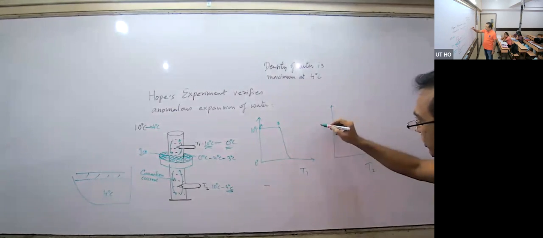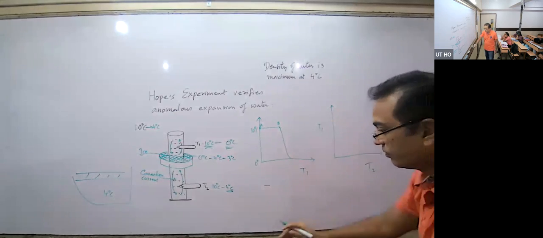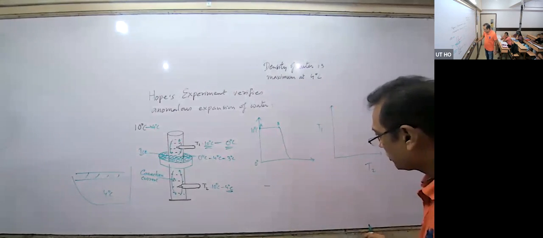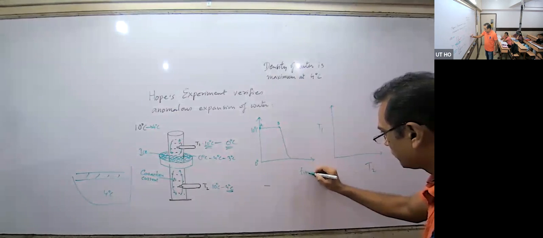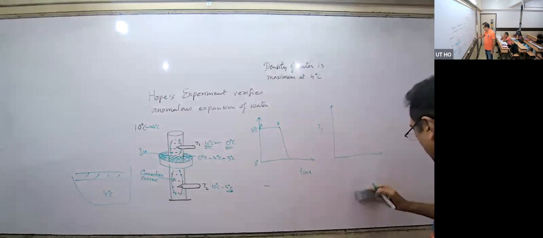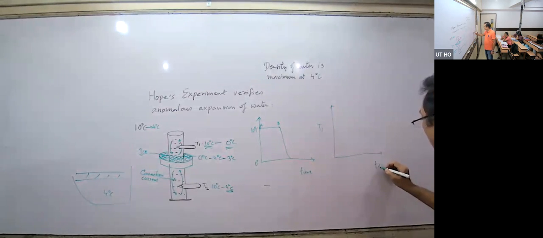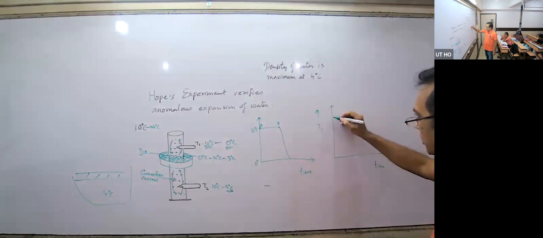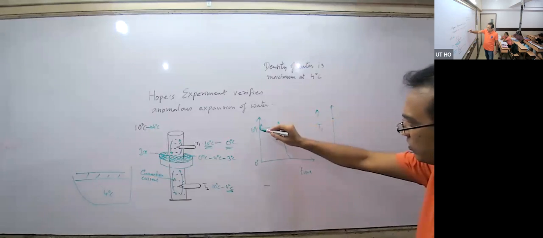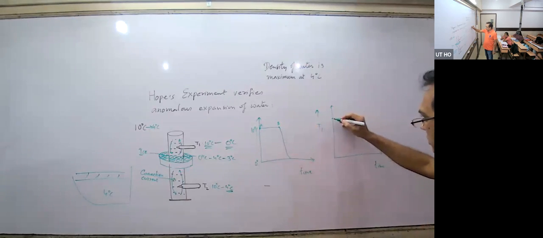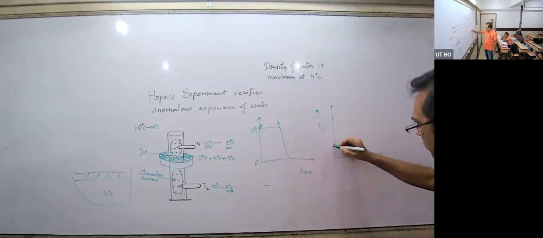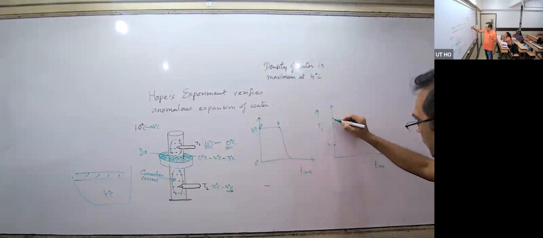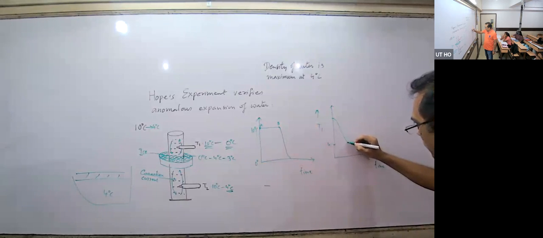So where is the reading shown? T1 is here actually. This is the temperature. In this case, while it remains constant at 10 degrees Celsius, this reaches 4 degrees. So this is A and B. And after B, it remains constant.